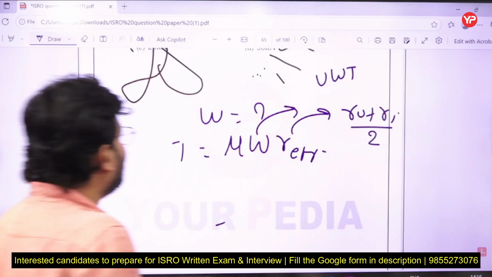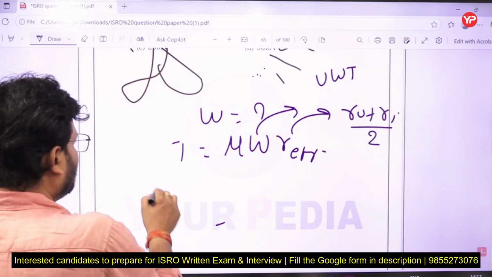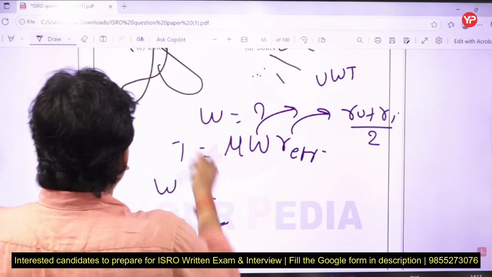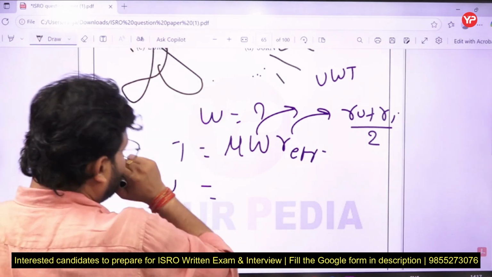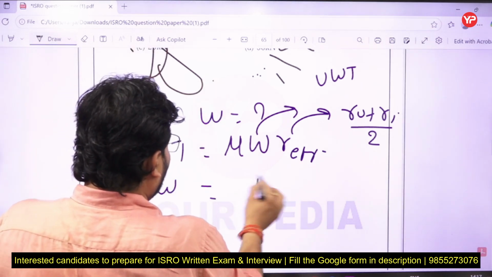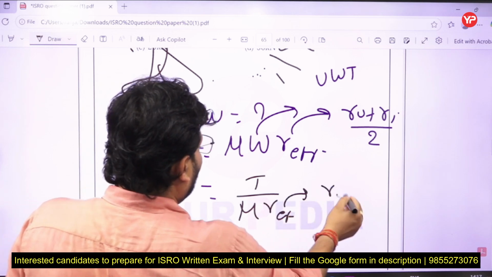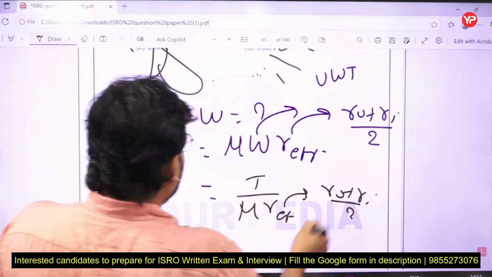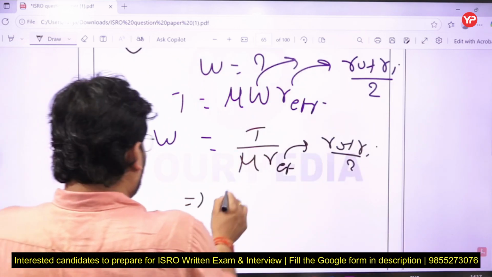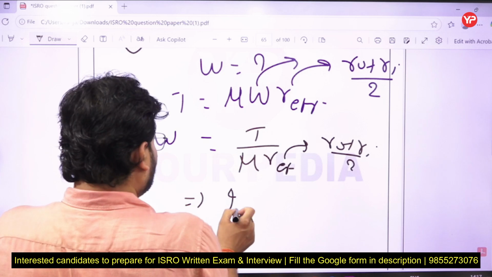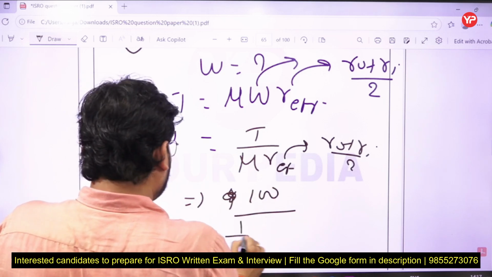So now put the values, my dear friends. In the question, torque is given, so we can say W is equal to T upon mu into R effective, or (Ro plus Ri) upon 2. Torque is given as 100, mu is 1 upon 3.